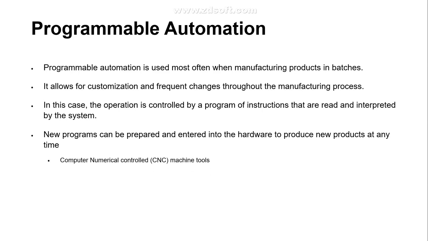The types of programmable automation we have are computer numerical controlled machine tools, industrial robots, and programmable logic controllers. Numerical controlled machines are a totally technical aspect, so I don't want to dig too much into it.